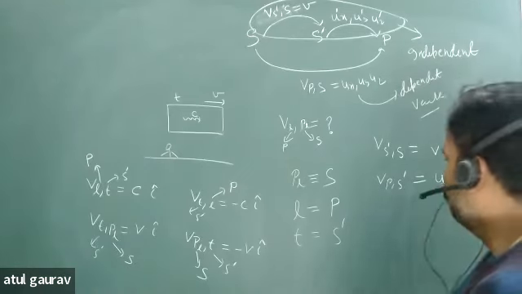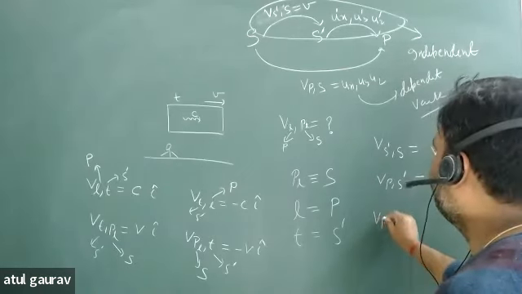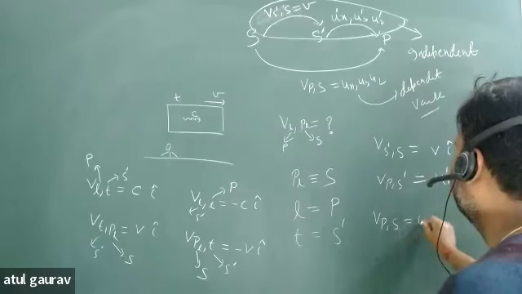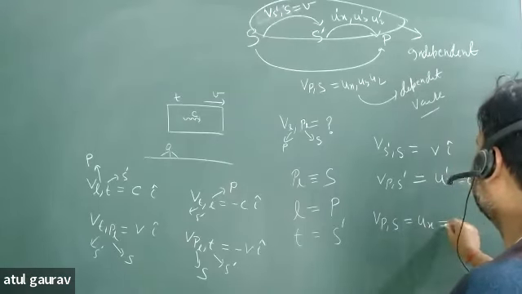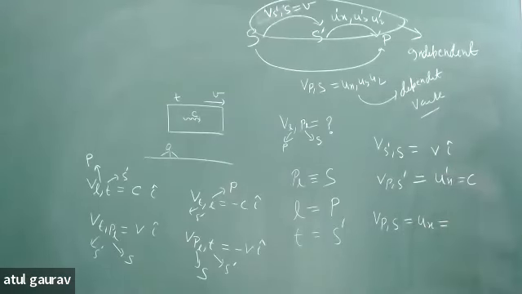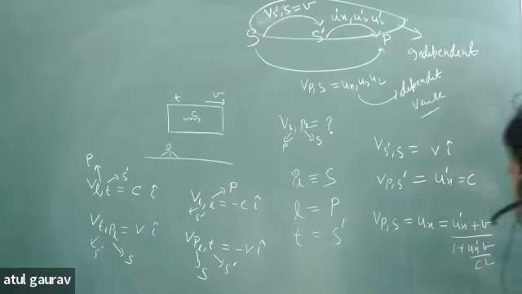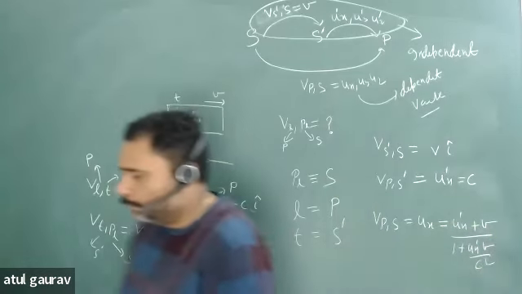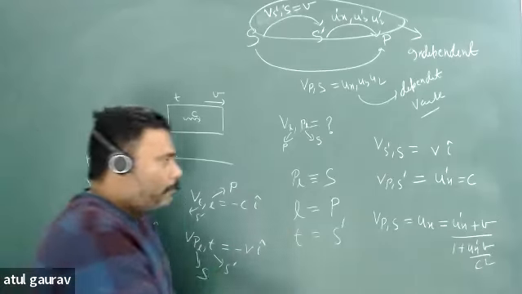Now what we have to calculate? Velocity of particle with respect to S. That means I have to calculate Ux. And what is the formula of Ux? Ux is Ux dash plus V upon 1 plus Ux dash V upon C square, isn't it? Now put the formula.